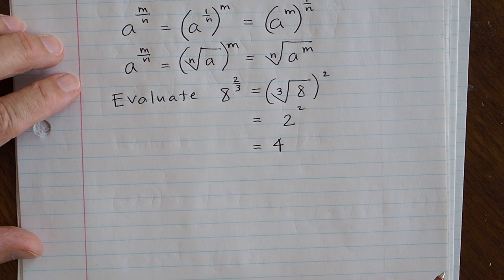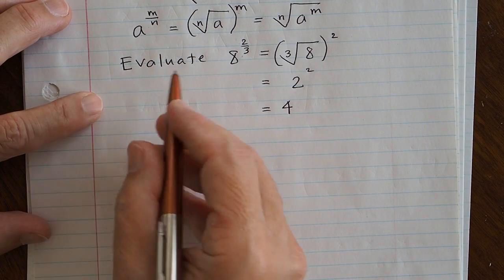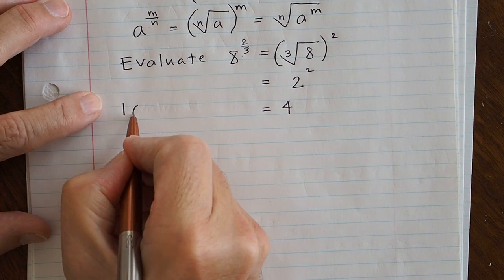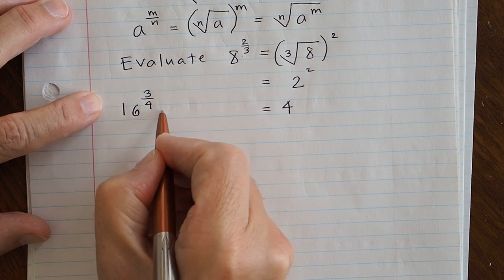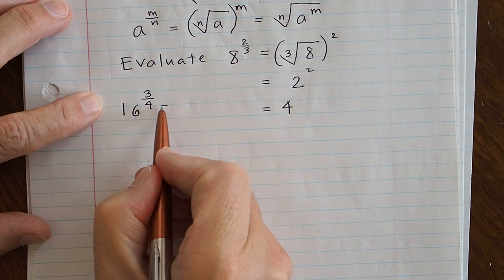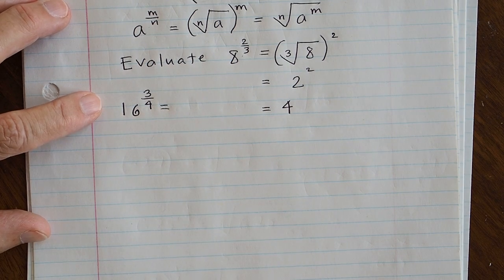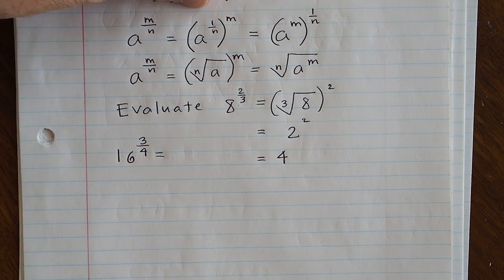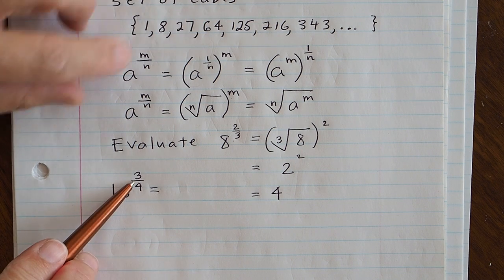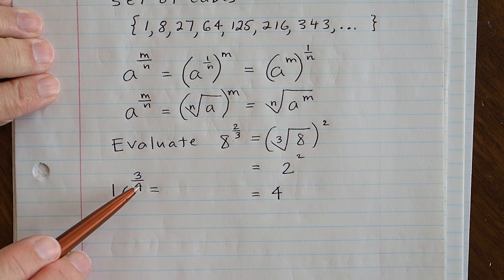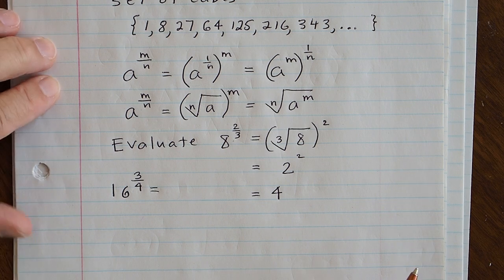Let's try another question. How about 16 to the 3/4? So applying the same rule the same way, correct? Apply the rule so that the 3 behaves as does the m and the 4 is like the n.